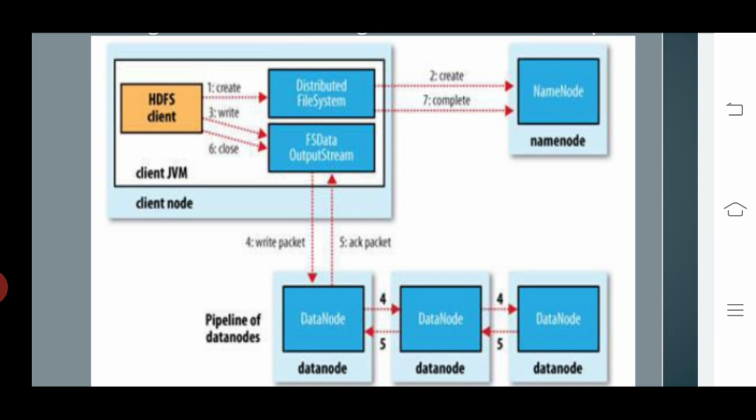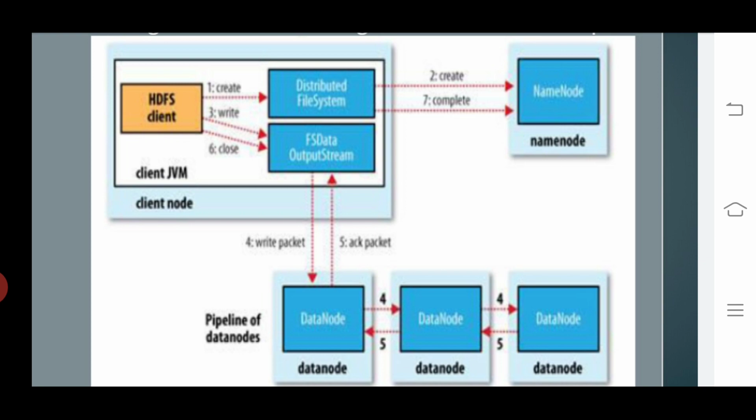The name node notices that the block is under-replicated, and it arranges for a further replica to be created on another node. Subsequently the blocks are treated as normal. It's possible but unlikely that multiple data nodes fail while a block is being written.